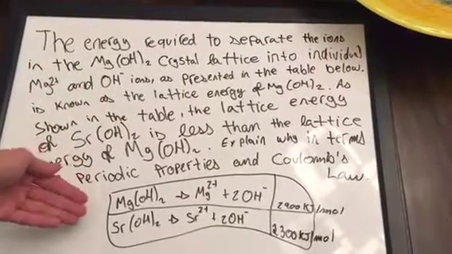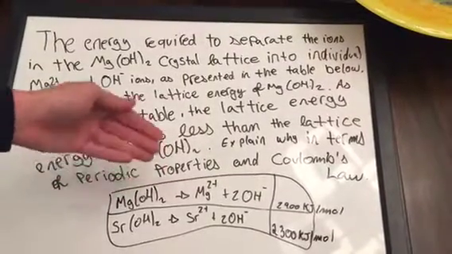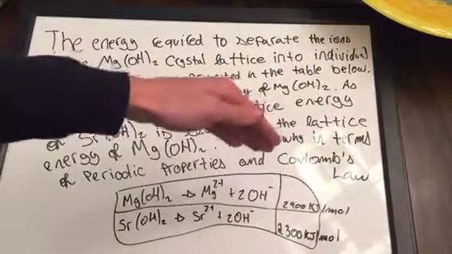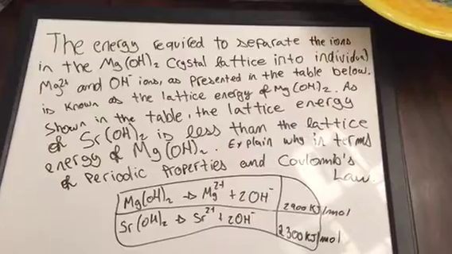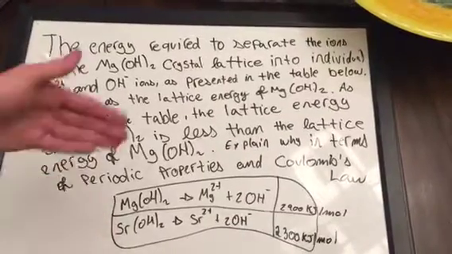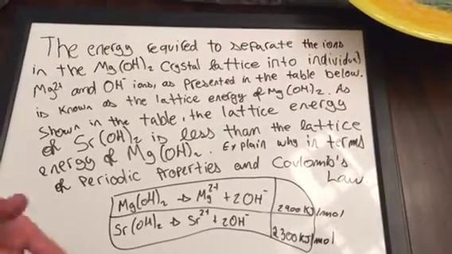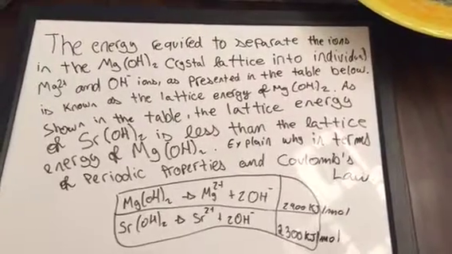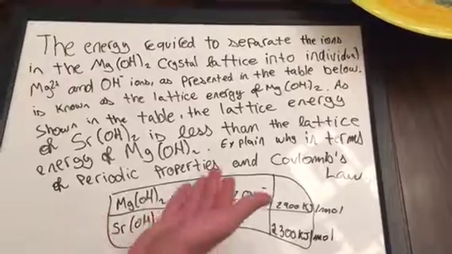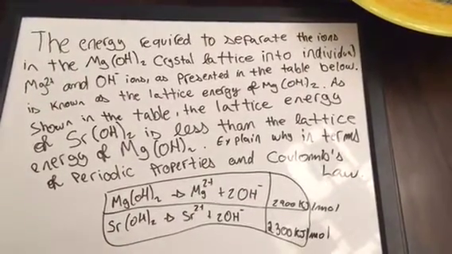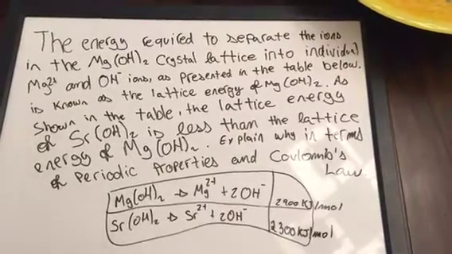As you can see here in the table, magnesium hydroxide has 2,900 kilojoules per mole of lattice energy, and strontium hydroxide is at 2,300 kilojoules per mole. The problem requires us to explain why using a periodic trend and Coulomb's law.